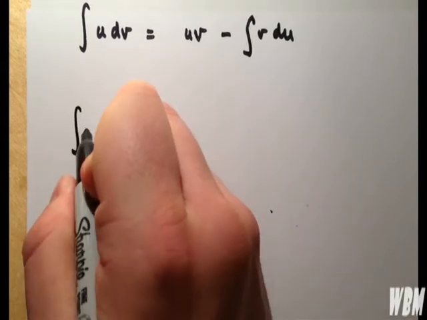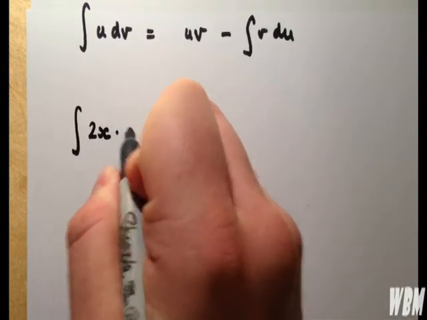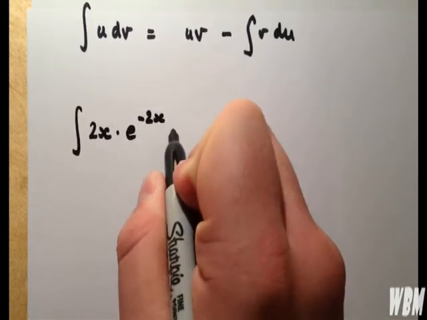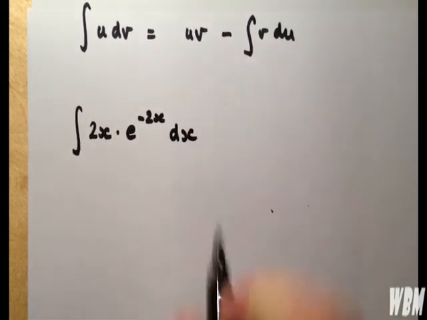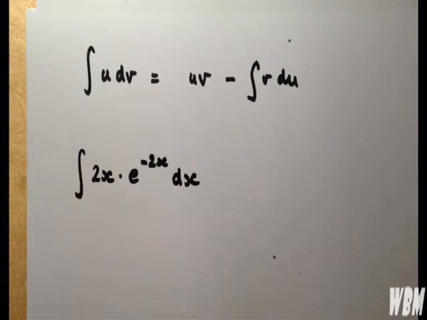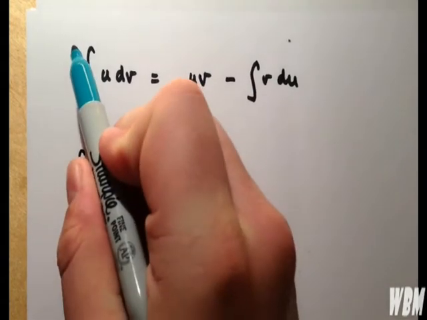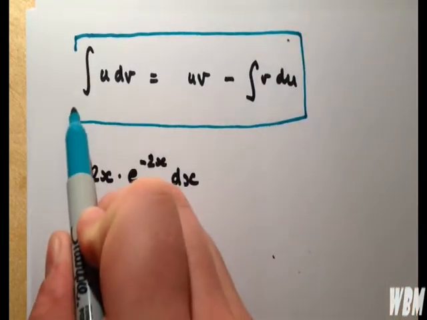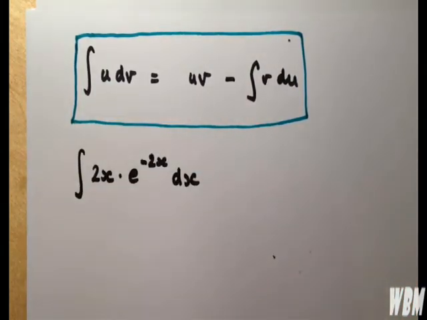The integral of 2x times by e to the minus 2x dx. And I'll quickly put a box around this just so we know that that is the formula we're using.